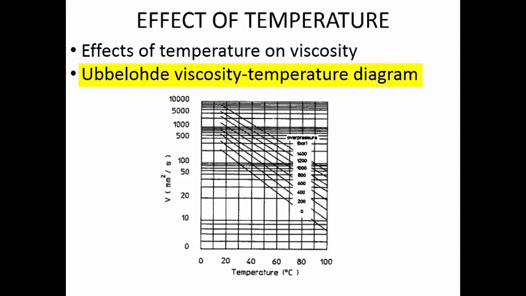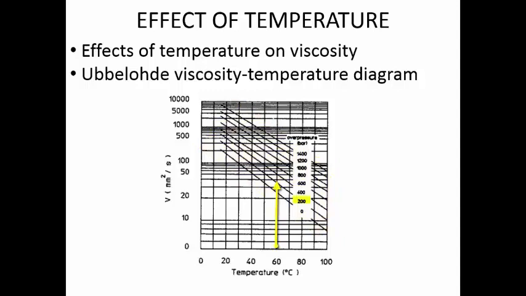Whatever the viscosity requirement is, you also have the pressure. As the pressure increases at a given temperature, the viscosity is going to increase. But at a particular pressure, if you increase the temperature, the viscosity is going to drop. These different lines represent different pressure conditions.